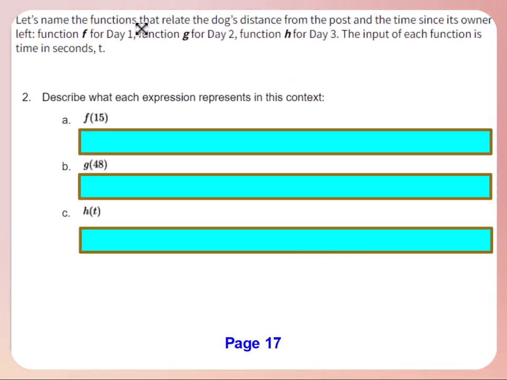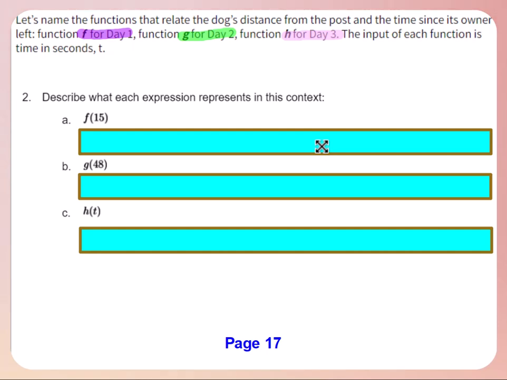Now let's name functions that relate the dog's distance from the post and time since the owner left. Again, same thing. We're using F for day 1, G for day 2, and H for day 3. So let me highlight those again and keep that straight. All right, what is F of 15? Tell me what that means.